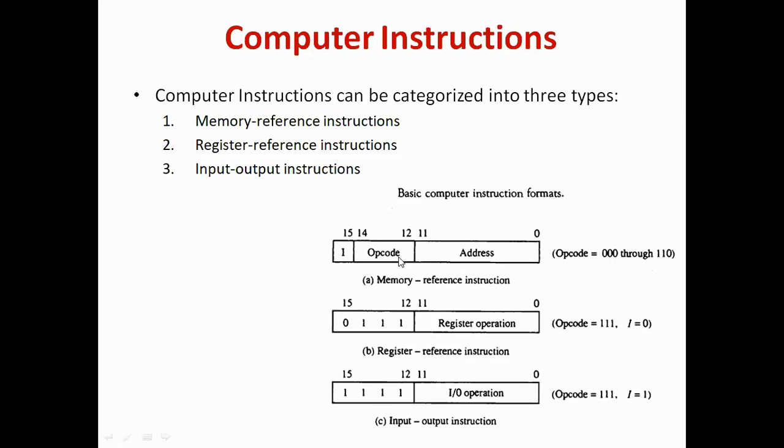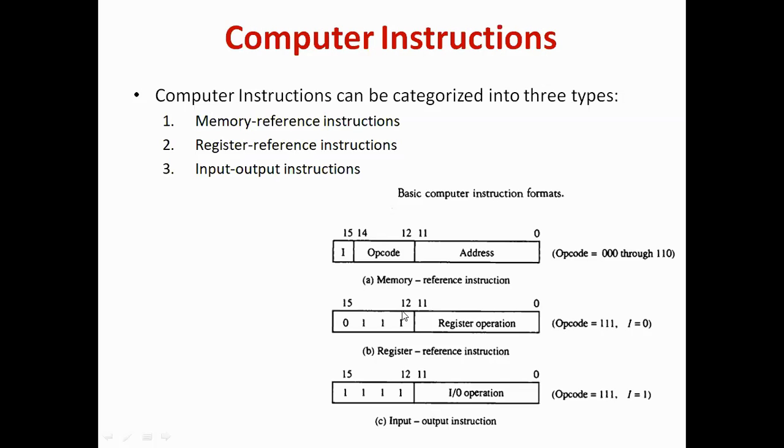So only 7 entries, and the eighth entry, which is 111, is a special case. What special case? If this opcode is 111, which is 7, then it is not a memory reference instruction. It falls in one of the two categories, either a register reference instruction or an input output instruction.